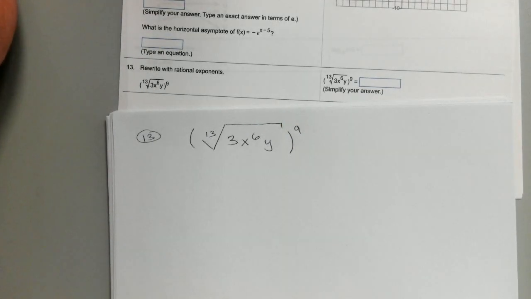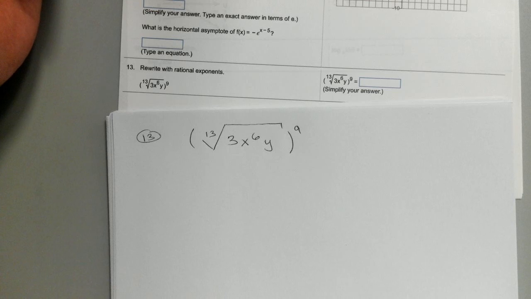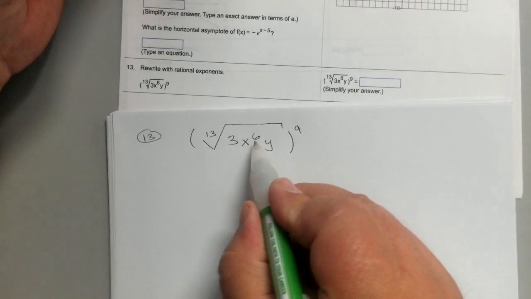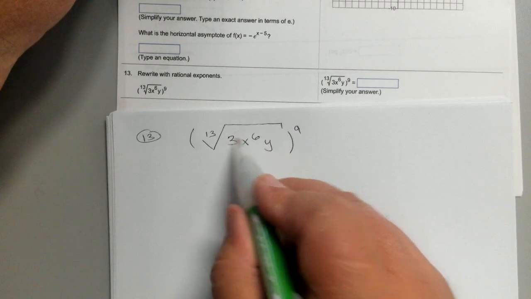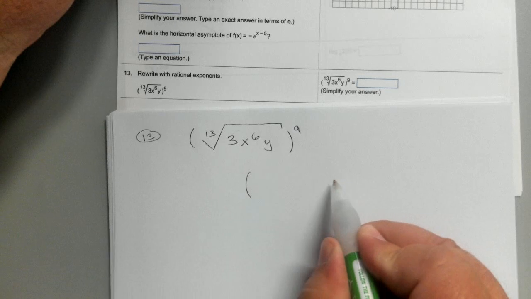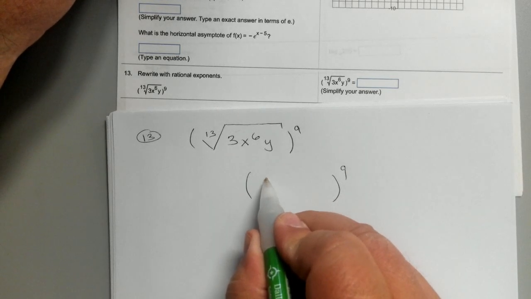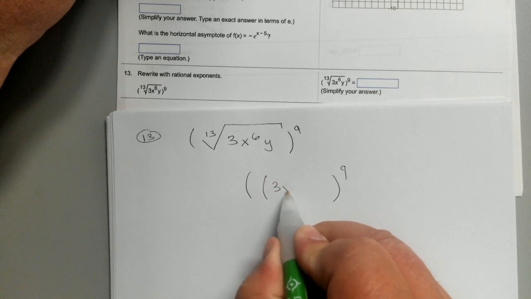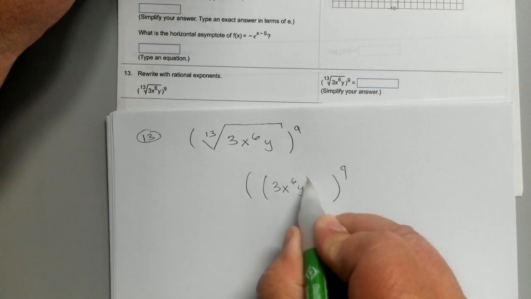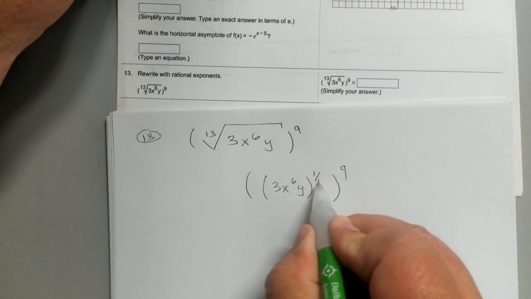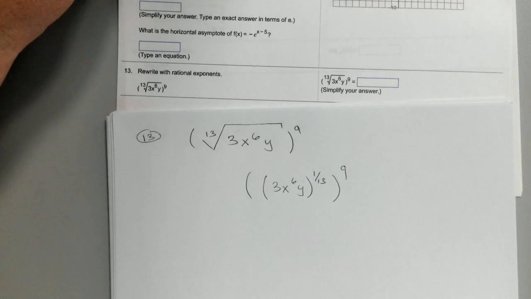It says rewrite with rational exponents. Basically what it means is, first off, inside the parentheses, power 9, inside here, power is 1 over 13. That's the root.